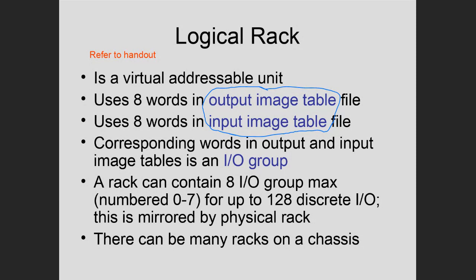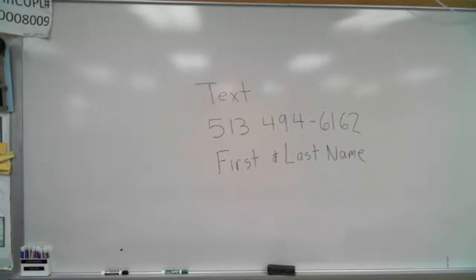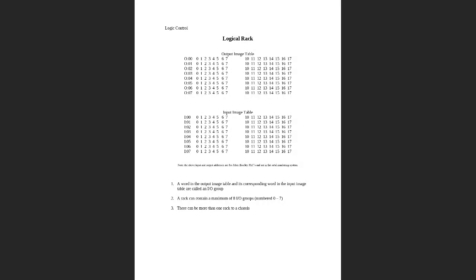That's not a big thing. What the I/O group is, I'll just mention it quickly. When you think of these rows for the output and the inputs, they kind of correspond to each other.